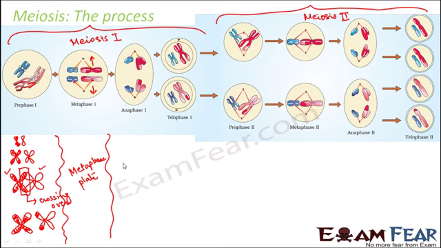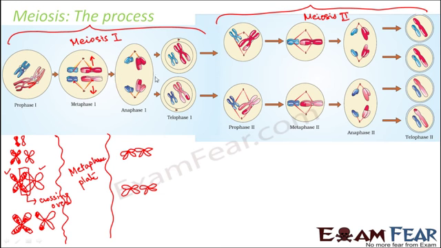One homologous chromosome goes this side, the other homologous chromosome moves the other side, and on the other side you again have a pair of homologous chromosomes, right? And if you also see, not both of the same set of homologous chromosomes are going to one side. One blue is going this side and one red is going this side. Similarly, one blue is coming this side and one red is coming this side.